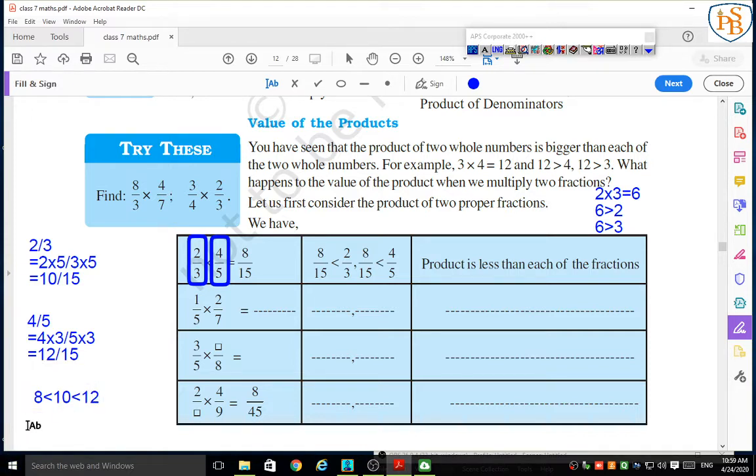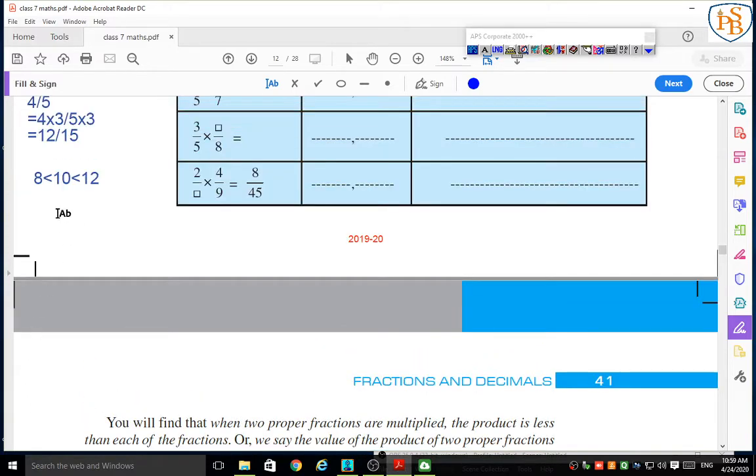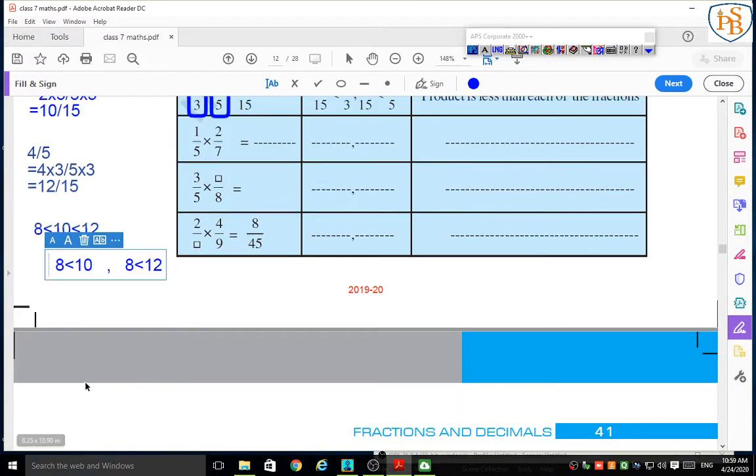So I can also write: 8 is smaller than 10 and 8 is smaller than 12. Okay, do you get this?